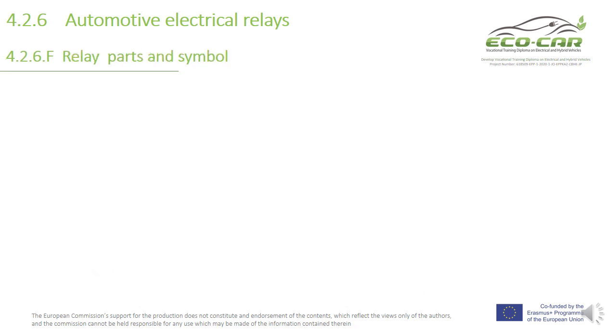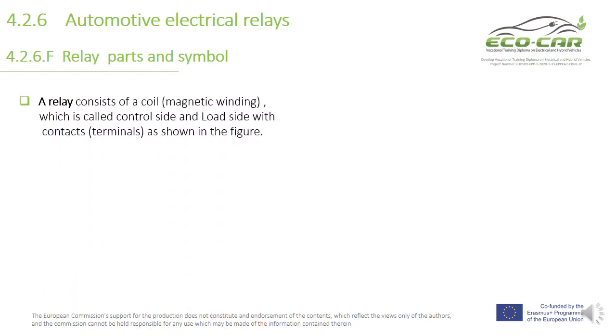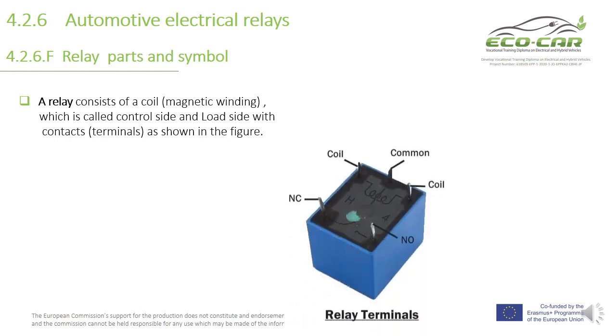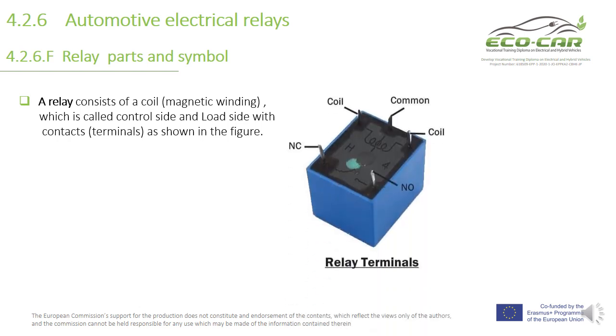Relay parts and symbol. A relay consists of a coil, a magnetic winding, which is called the control side, and the load side with contact terminals, as shown in the figure. So we have here the two parts.